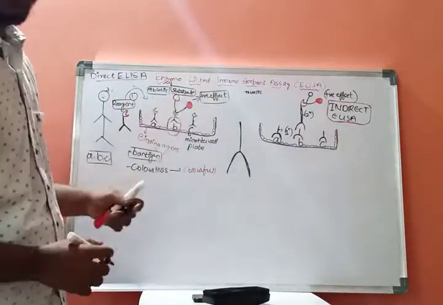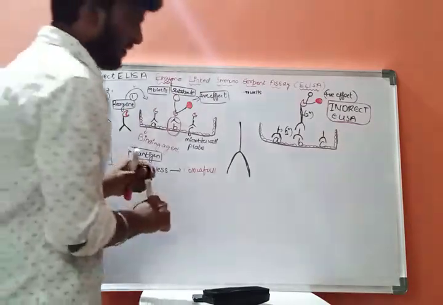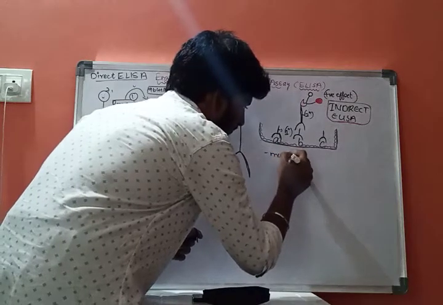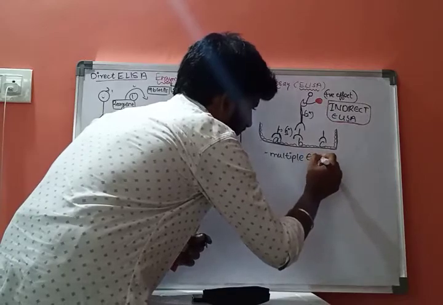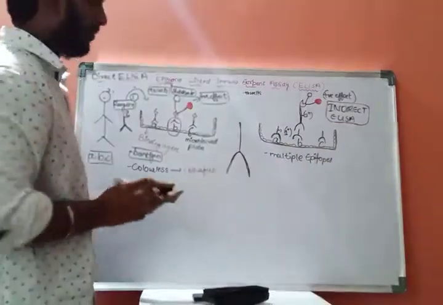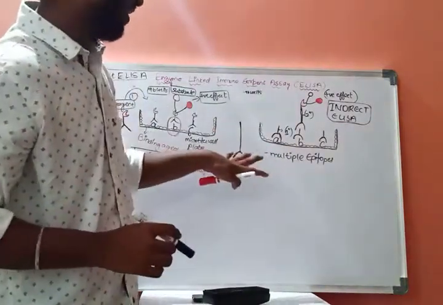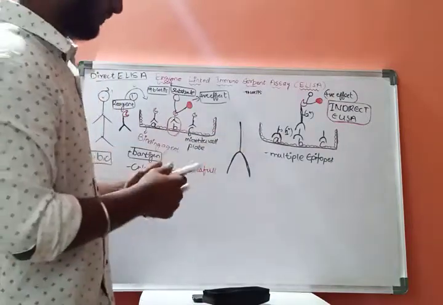Let us consider this is an antigen, and one antigen contains multiple epitopes. What are epitopes? Epitopes are the sites on the antigen where the antibody will get bound.